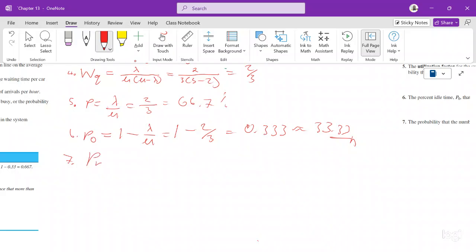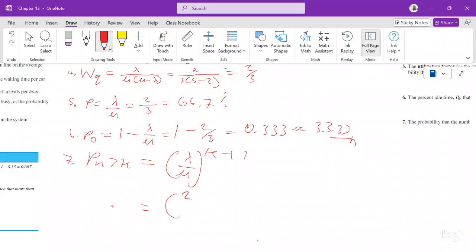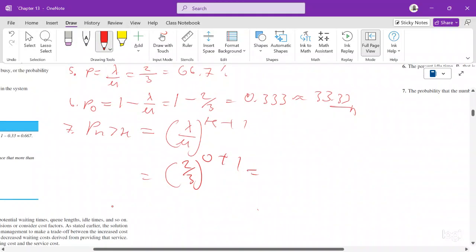So let's do this like this. Say P(n > k), k equals 2, so that over this, and k plus 1. So what does it translate to? I must make this one a little bit thicker. Then 2 over 3, and this is 0 plus 1. So we start at 0 plus 1, and we have 2 over 3, then 0 plus 1.